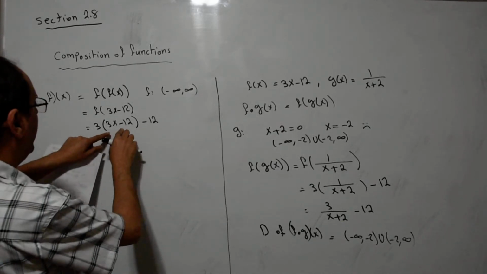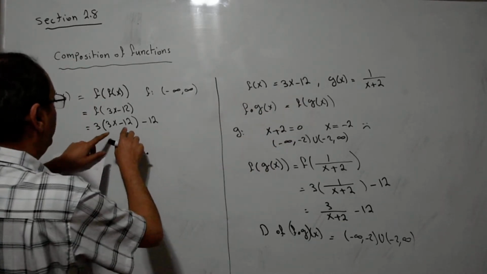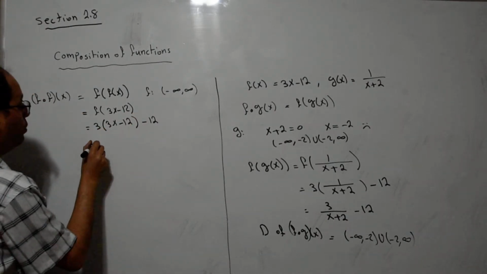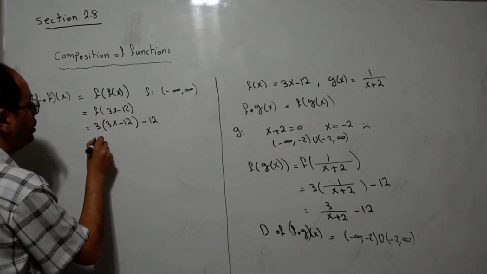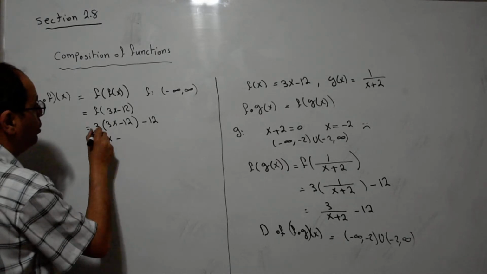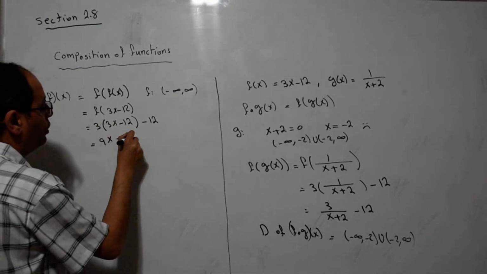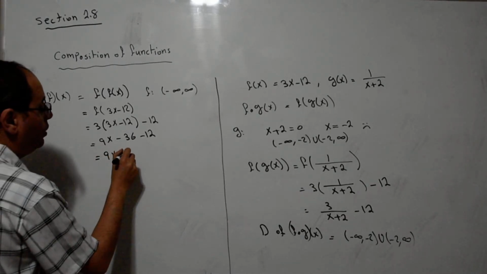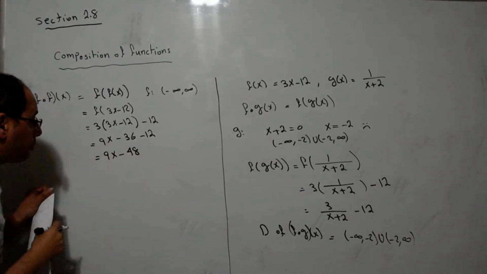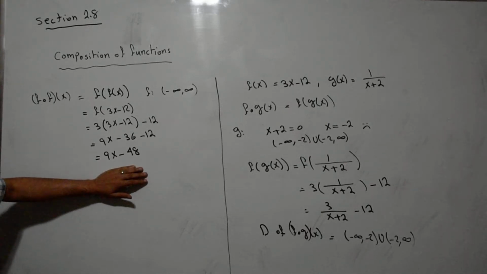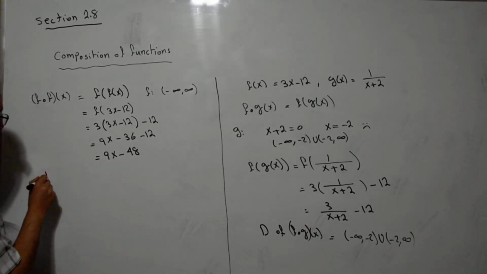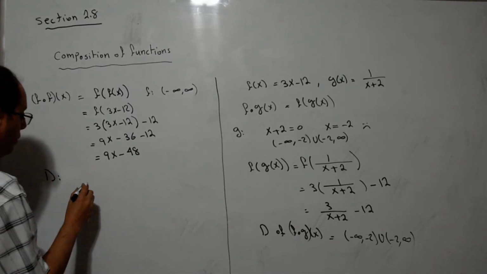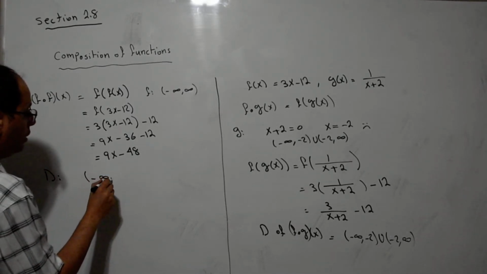So this 3x minus 12 is that one, but here is again 3x minus 12. And now we clean this, so distribute 3. So I have 9x minus 3 times 12 is 36, minus 12, is 9x minus 48. And now again it is a polynomial, so the domain of f compound f of x is negative infinity to infinity.